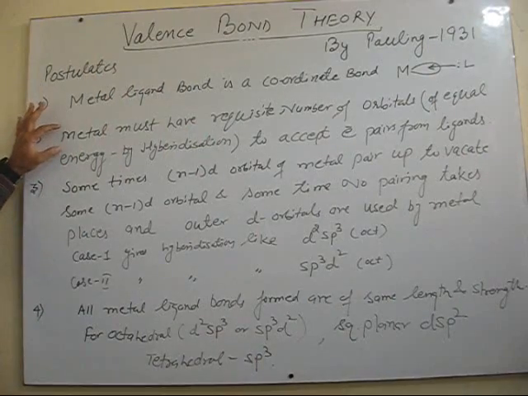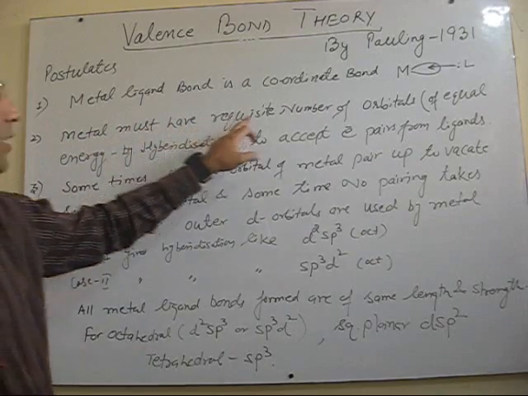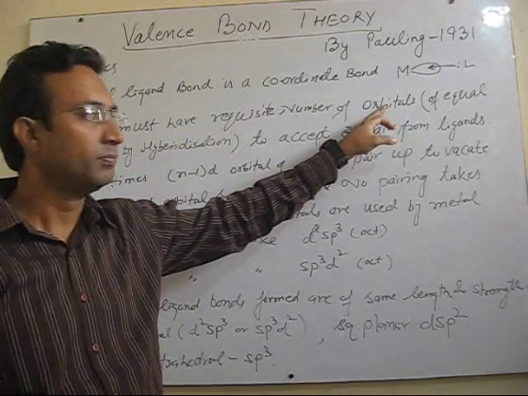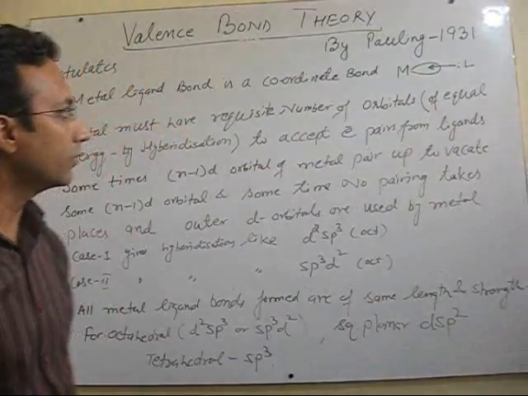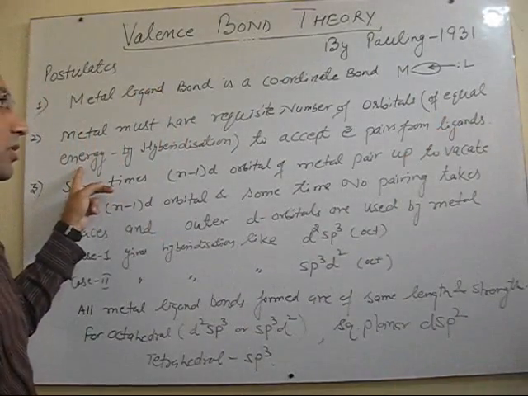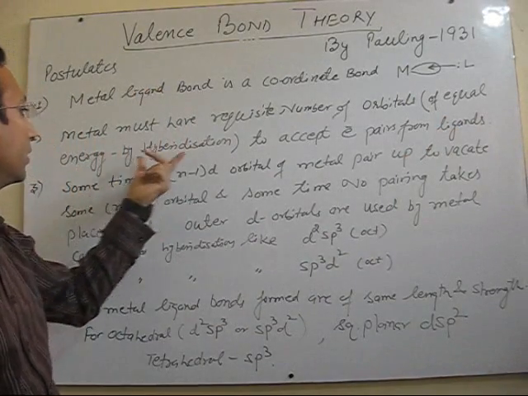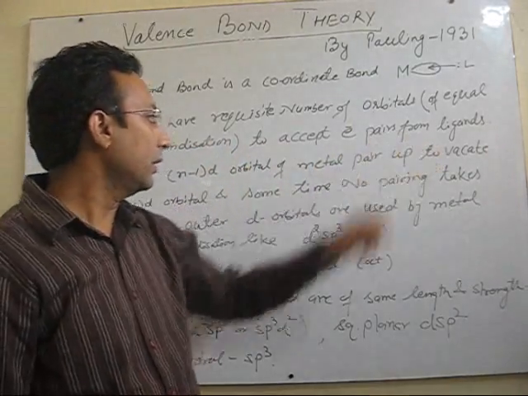Now, depending upon the number of bonds to be formed by the ligands around the metal, the metal must have the requisite number of orbitals in order to gain the electrons of the ligand, and all those orbitals should be of the same energy and same shape. That can only be done after hybridization to accept the electron pair from the ligand.